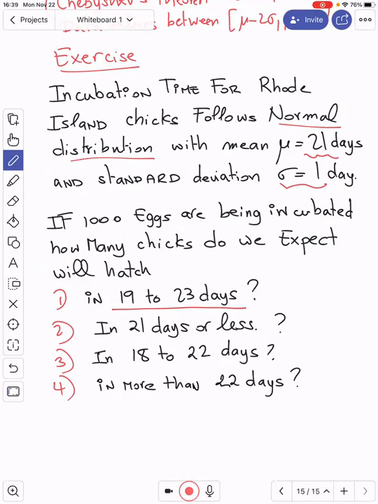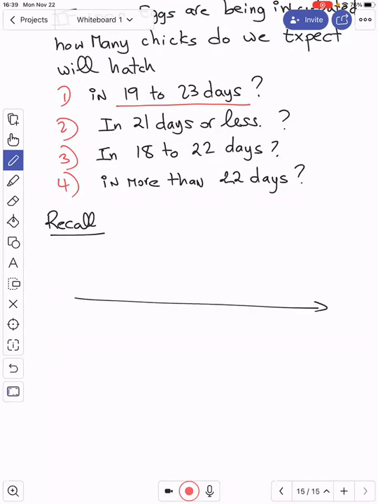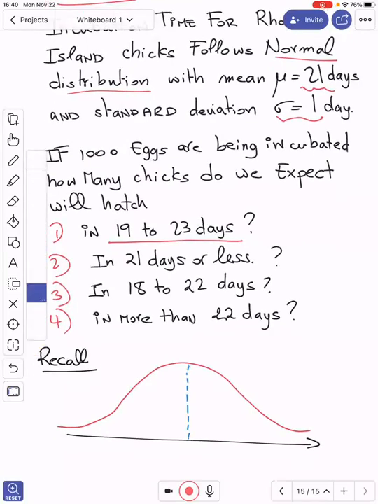Of course, I'm going to use the graph I had for my normal distribution, just to remind you. So let me first graph. I have my mean. What's the mean in this problem? It's 21 days, right?